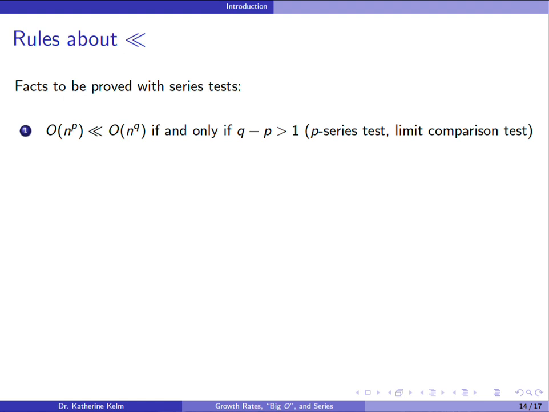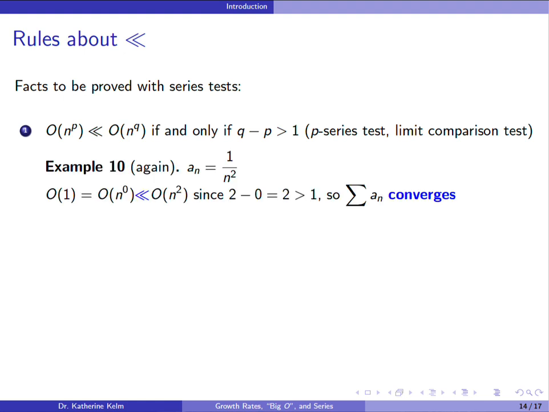So first, for power functions, big O of n to the p is sufficiently less than big O of n to the q if and only if q and p differ by more than 1. So you'll use the p-series test and the limit comparison test to verify this fact.